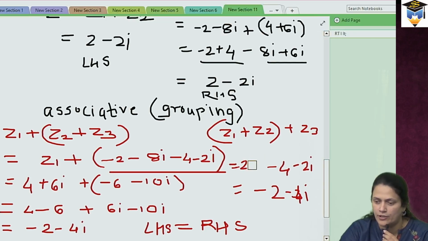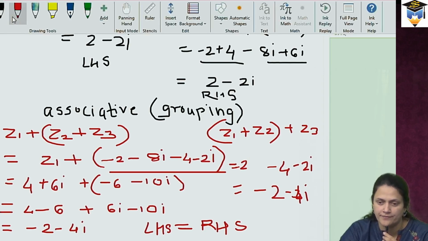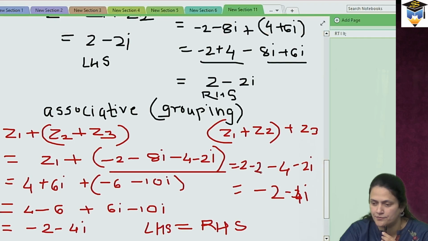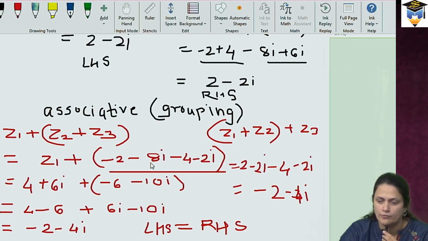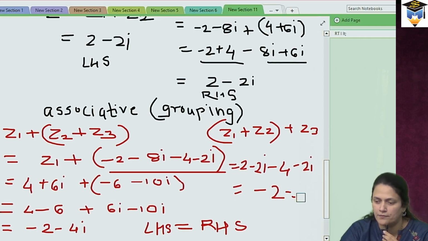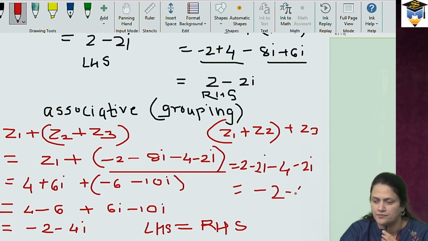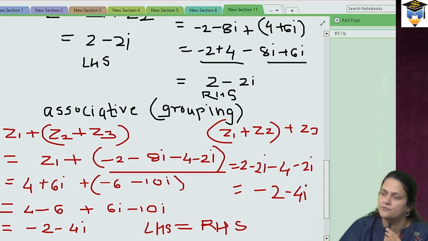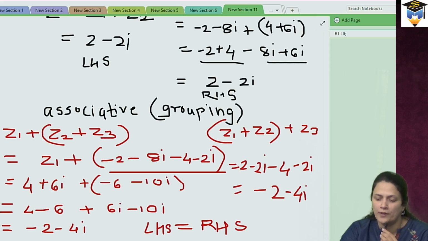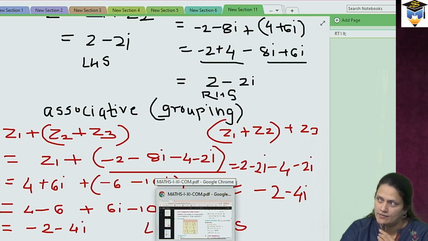Here I will write 2i in a better way. So this is going to be my 4i. Understood? So this is the second property called grouping.